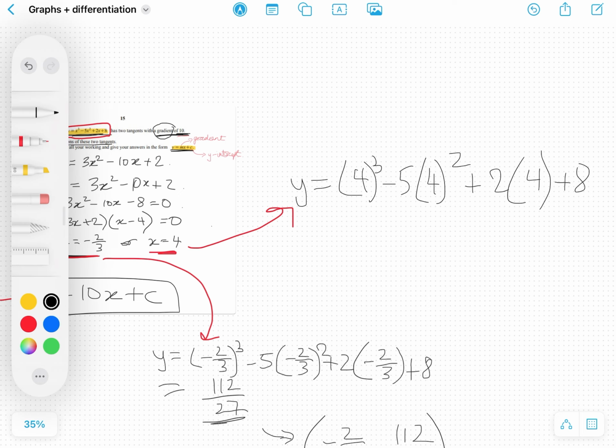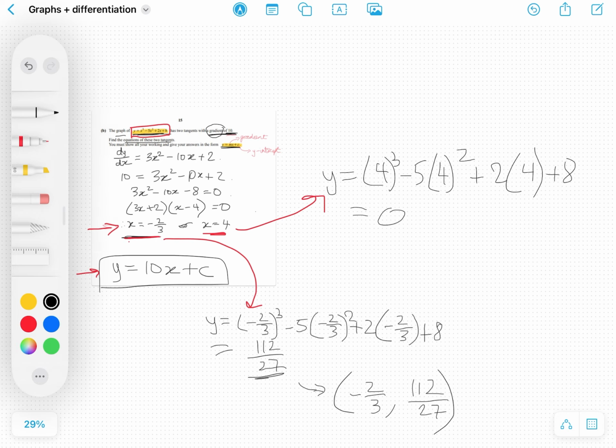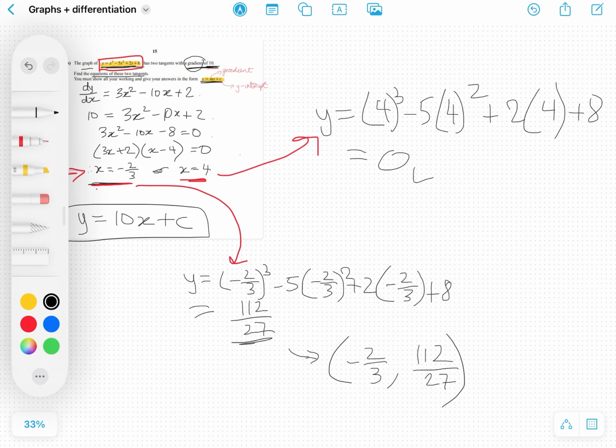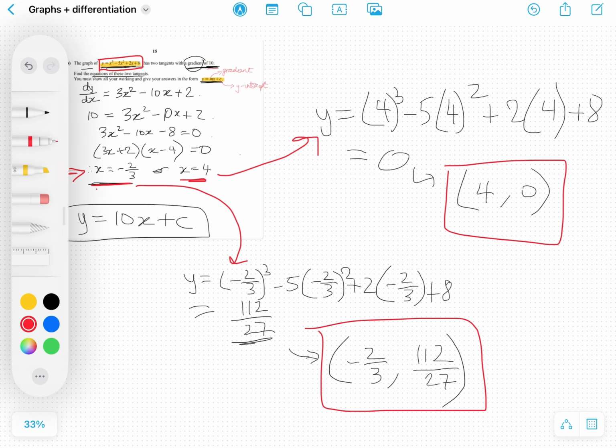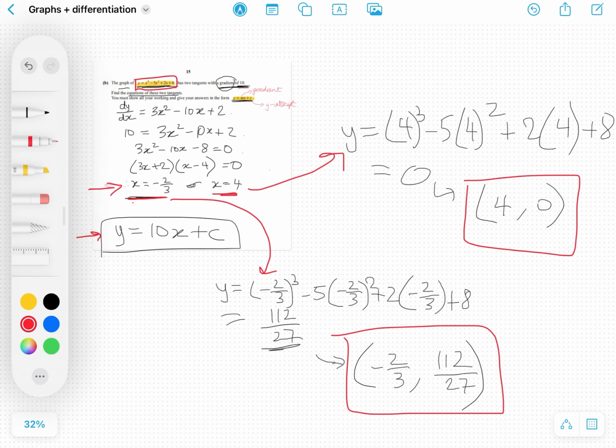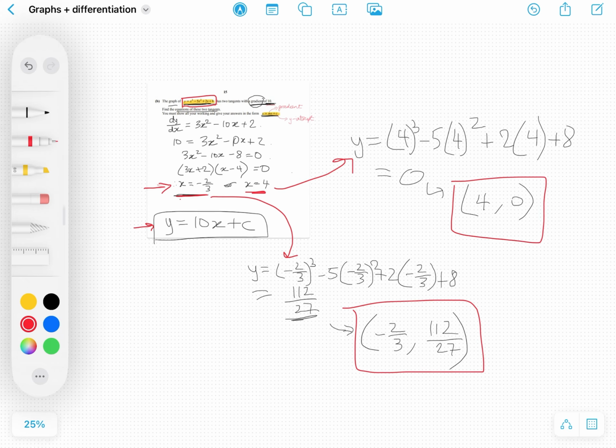And that's just 0. So now this gives us another coordinate, 4, 0. At these 2 points, the tangent has a gradient of 10.